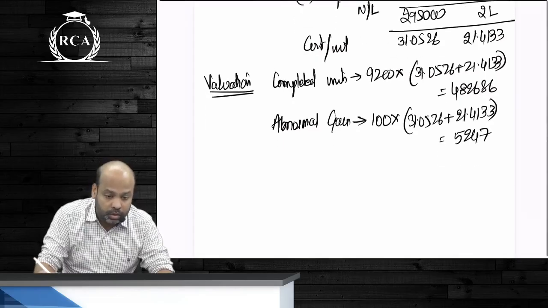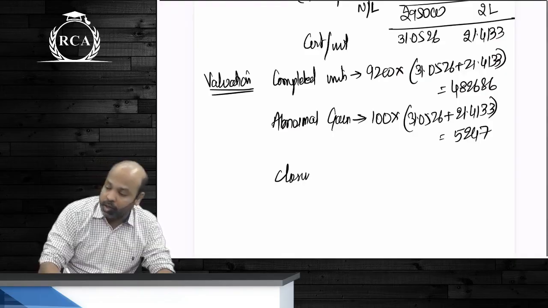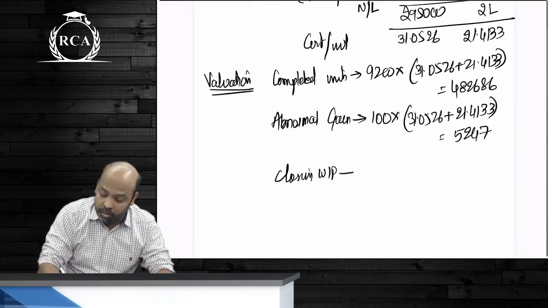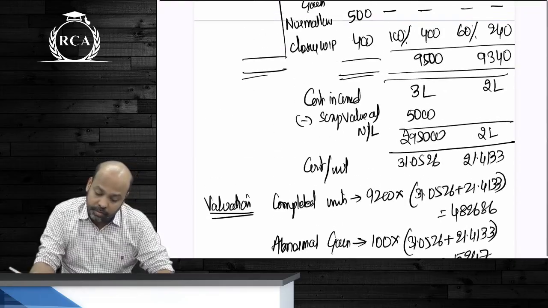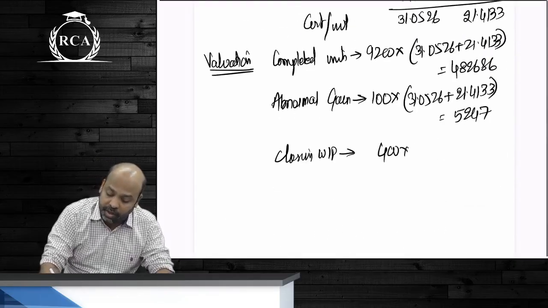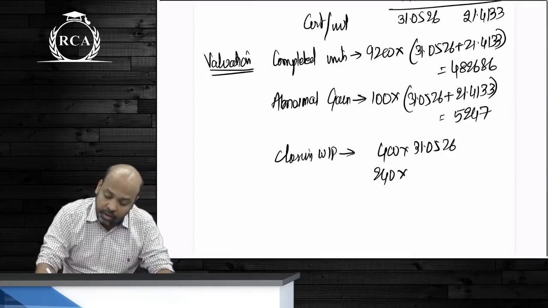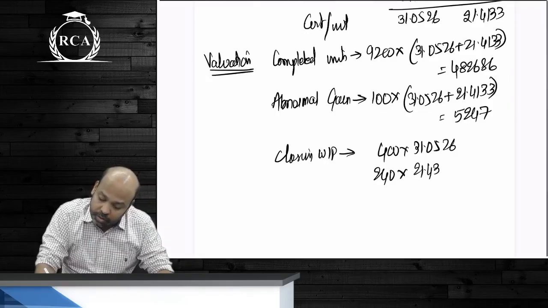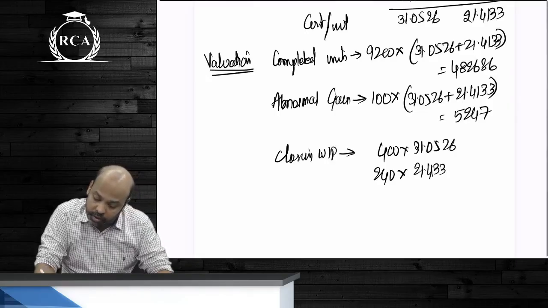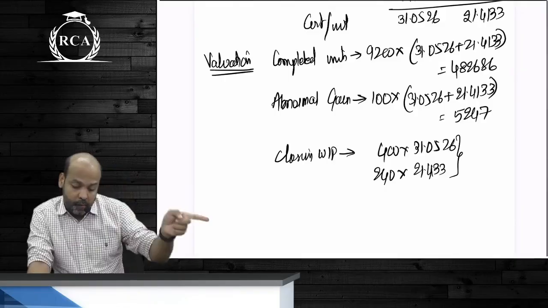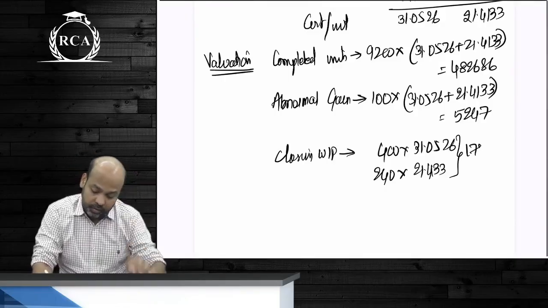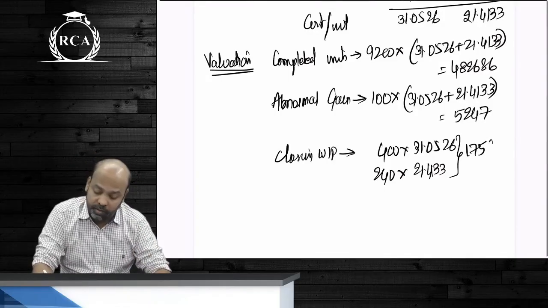Then closing work in progress will be 400 units, material 100% complete, but labor and overhead 60%. So 240 into 21.4133. 561.